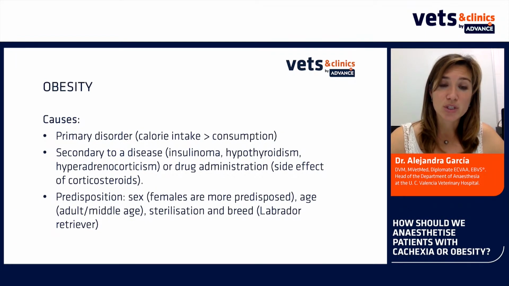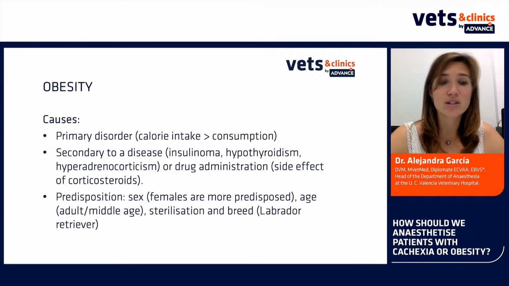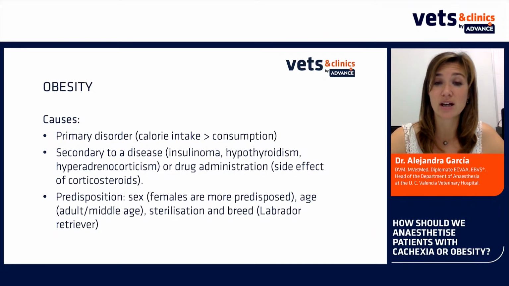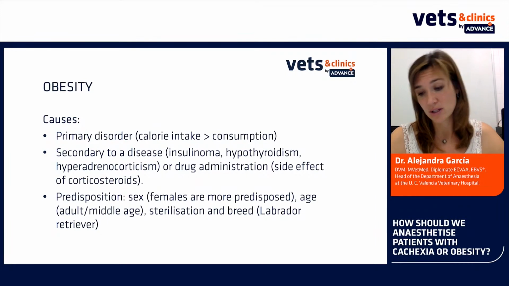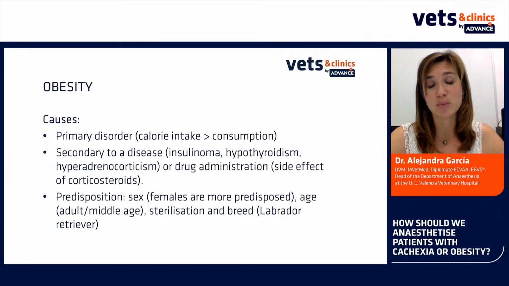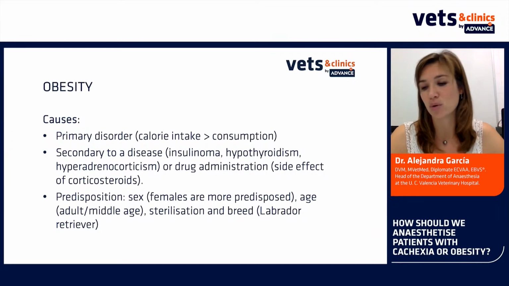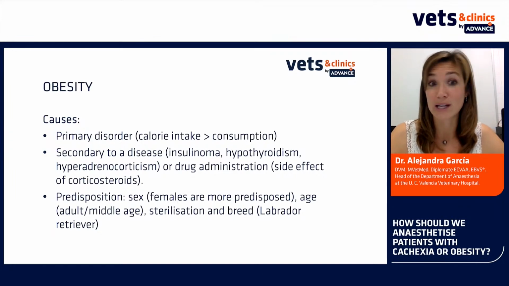Also, there is a predisposition in sex: females are more predisposed. Age, obviously, adult or middle age are most predisposed, and sterilization as well. Spayed or castrated animals are more prone to obesity, and also breed predisposition. For example, a Labrador Retriever is more predisposed to obesity than a Galgo or a Greyhound.